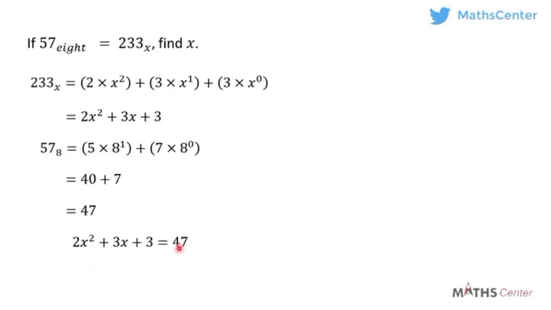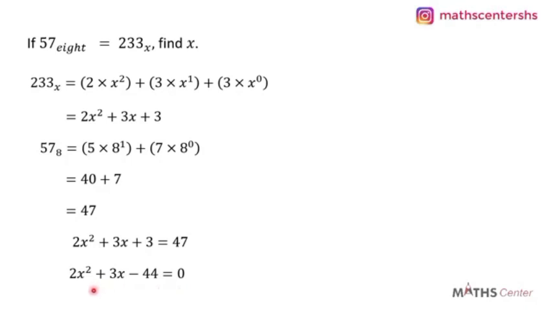I'll move 47 from the left hand side to the right hand side. And when I do that, I'm going to have 2x squared plus 3x plus 3 minus 47. And 3 minus 47 will give us negative 44. So we have 2x squared plus 3x minus 44 is equal to 0. This is our quadratic equation.